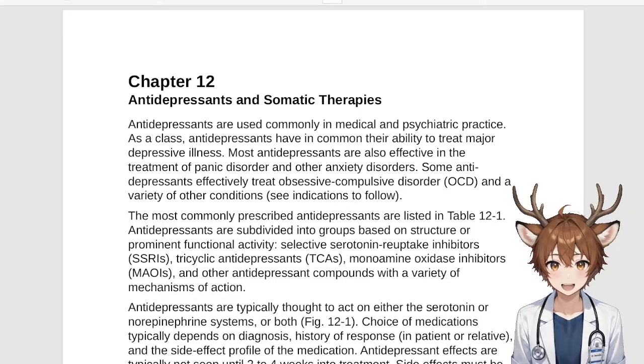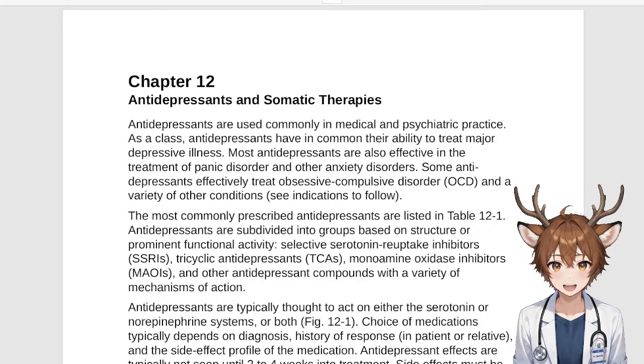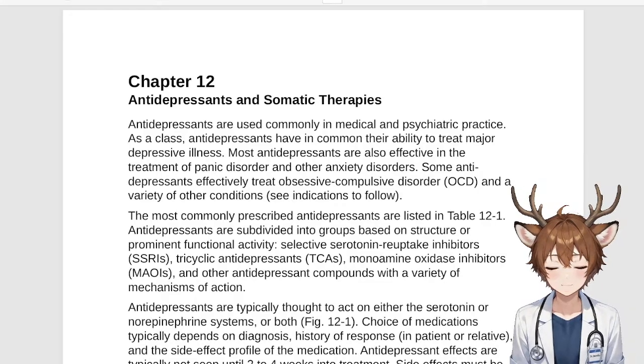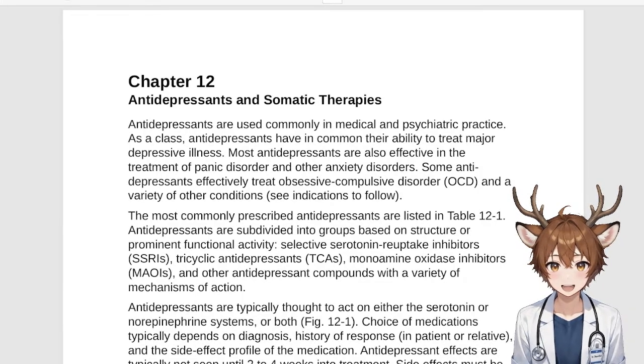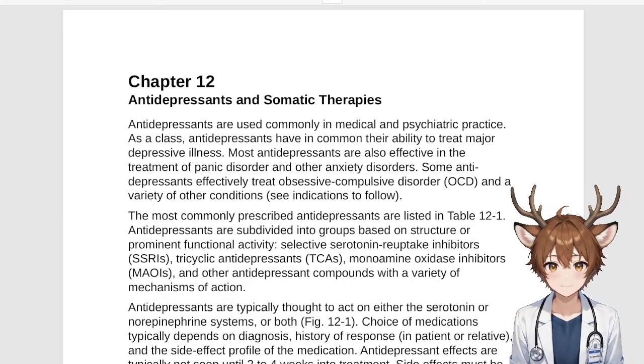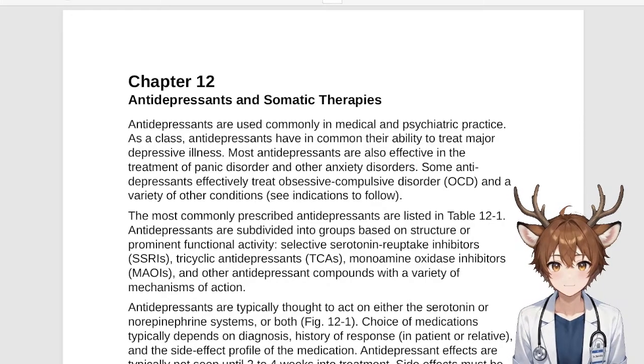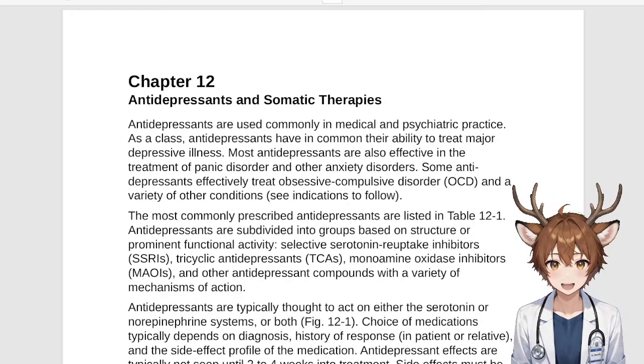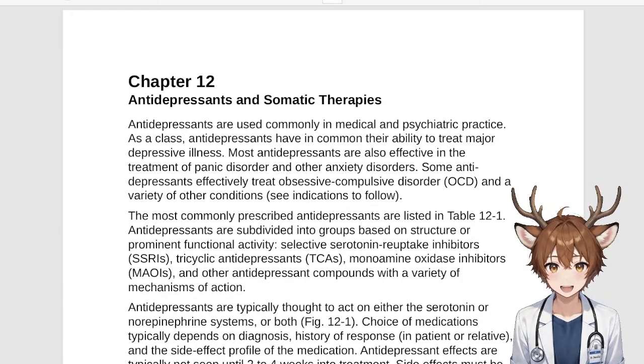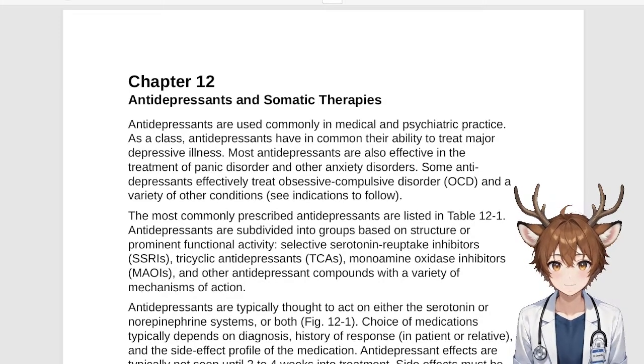Antidepressants are subdivided into groups based on the structure or prominent functional activity: selective serotonin reuptake inhibitors, or SSRIs; tricyclic antidepressants, or TCAs; monoamine oxidase inhibitors, or MAO inhibitors; and other antidepressant compounds with a variety of mechanisms of action.